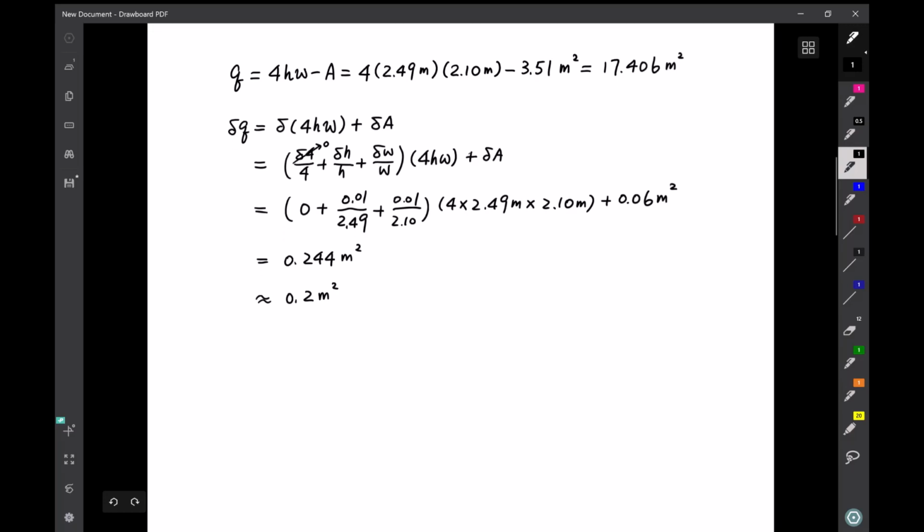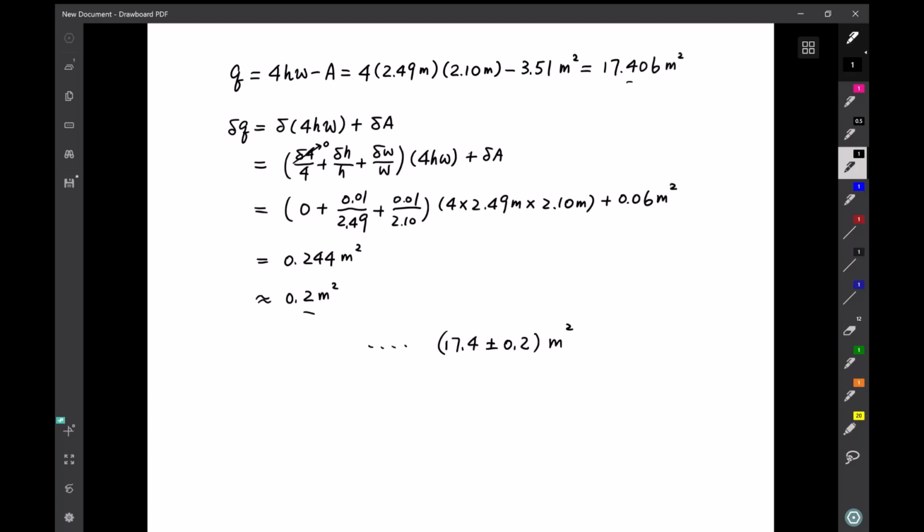And now your final answer will be, the wallpaper the decorator needs, is 1 decimal place, 1 decimal place. So 17.4 plus or minus 0.2 meters squared. Some people like to keep an extra digit.